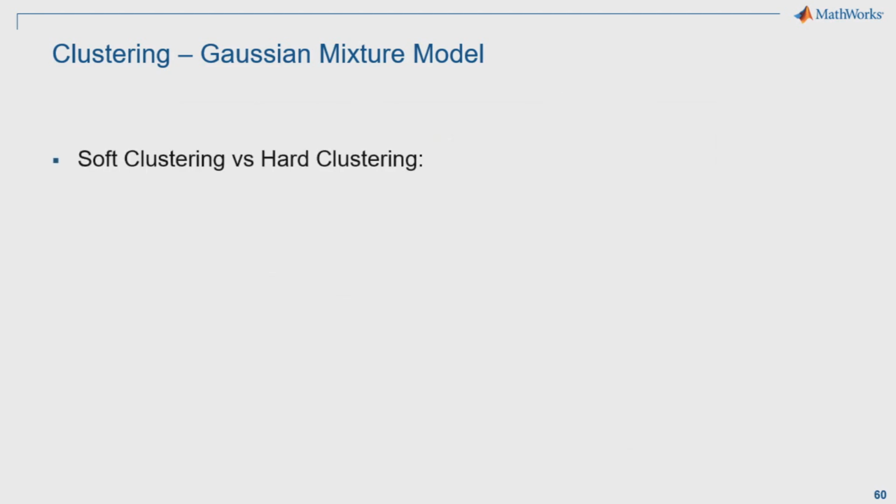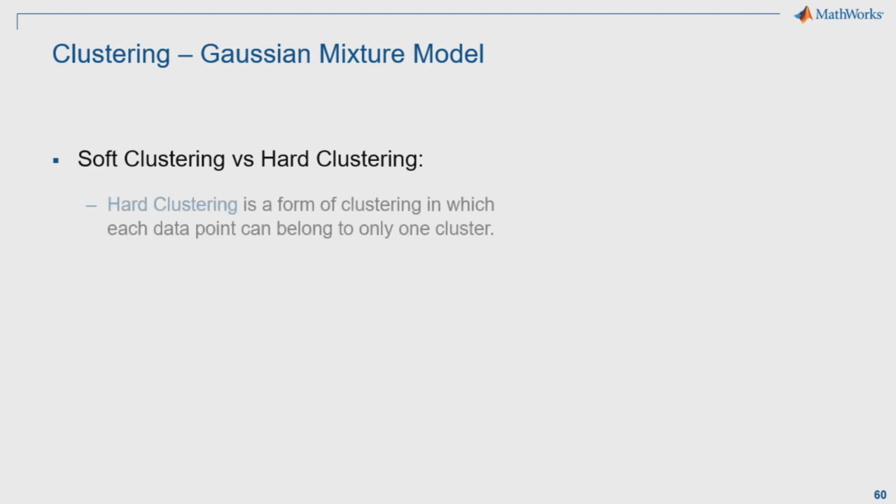This also gives us the possibility to distinguish between soft clustering and hard clustering. Hard clustering is a kind of clustering in which each data point can belong to just one cluster, and it is not the way in which our Gaussian mixture model works. This is the way in which a partitioning method like k-means works.